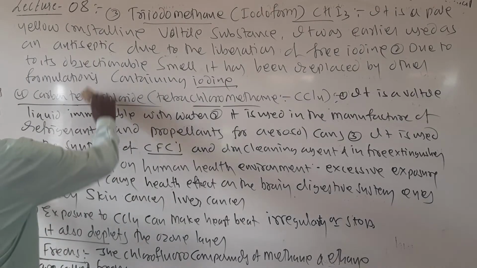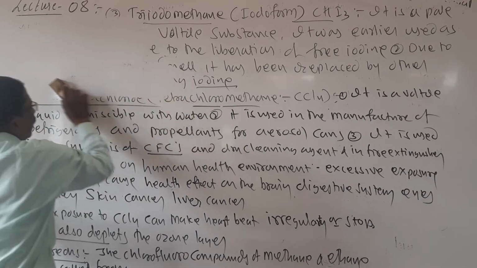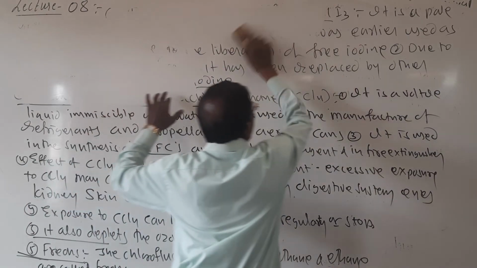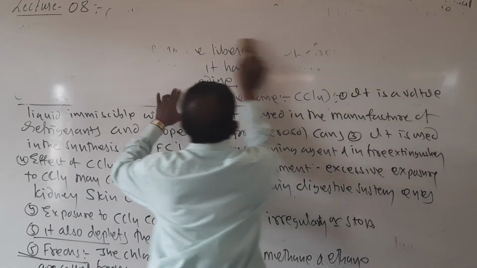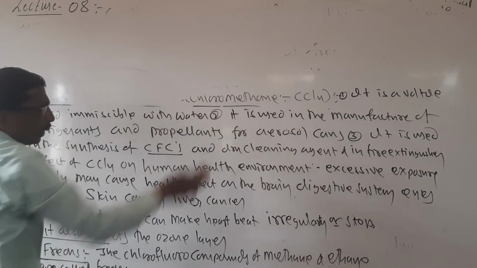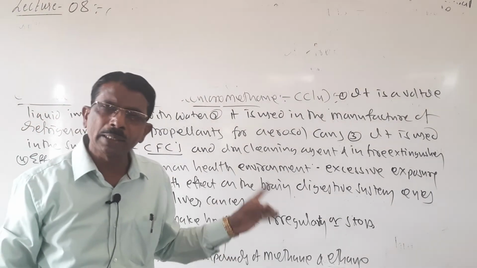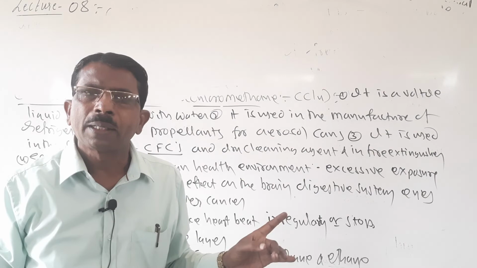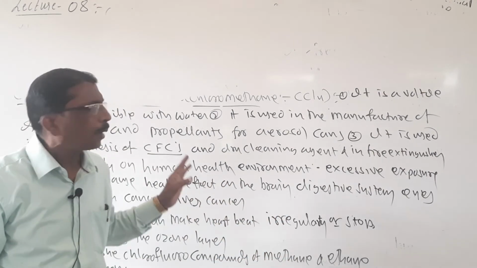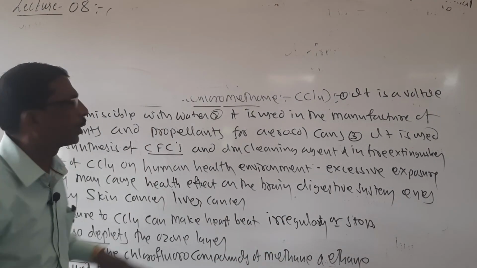In air conditioned refrigeration we are using Freon 12, Freon 11 like this. Look here students, these are non-toxic and easily liquefiable, and they are used in air conditioned refrigeration.